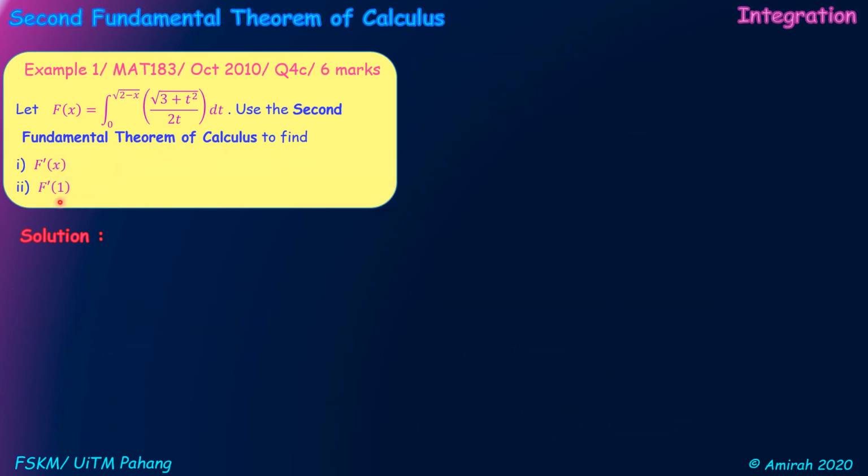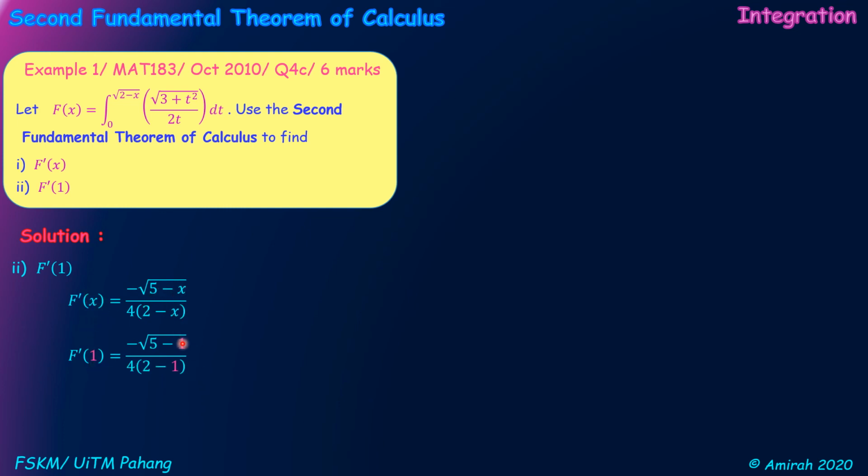Alright, now we continue with question number 2. Find f prime 1. From the previous slide, we found number 1, f prime x equals negative square root of 5 minus x over 4 times (2 minus x). Now we just replace x by 1.